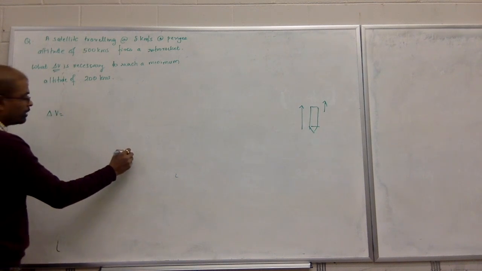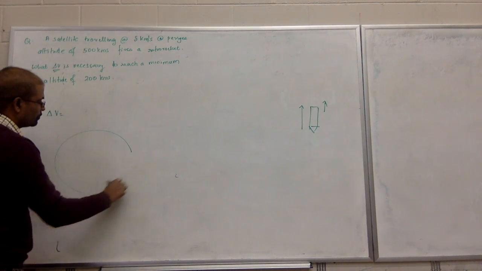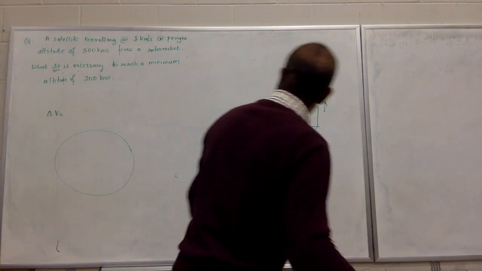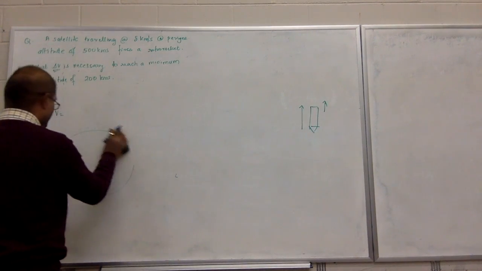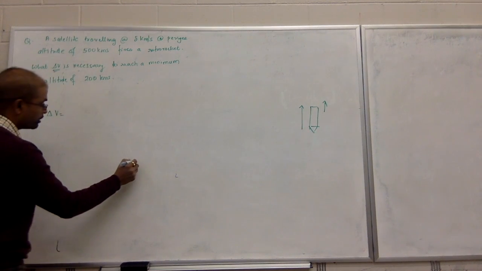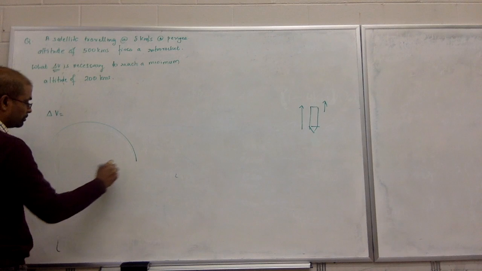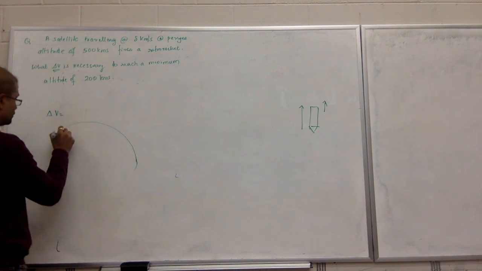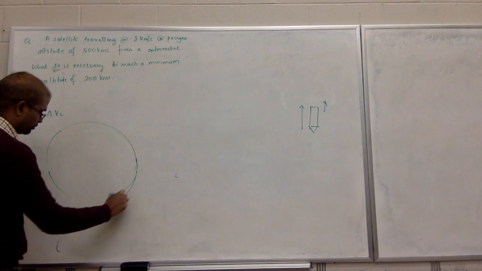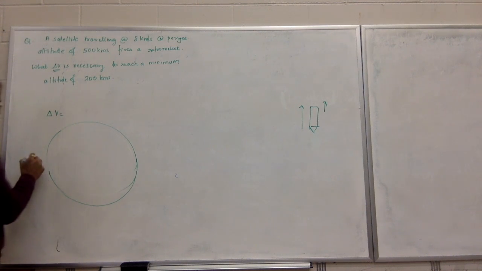Think about this. You have this orbit, okay? Are you given what orbit this is? Is it a circular orbit? Now don't assume it's a circular orbit. Is this a Hohmann transfer? It's not a Hohmann transfer. There's only one more.